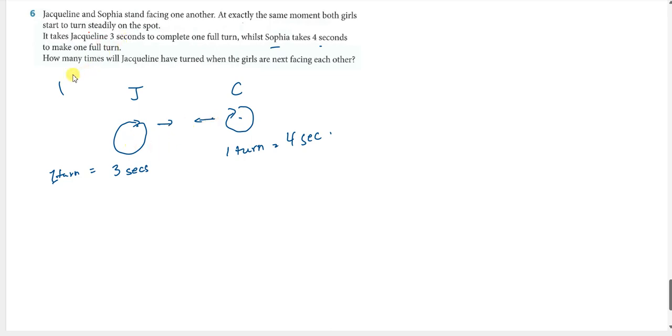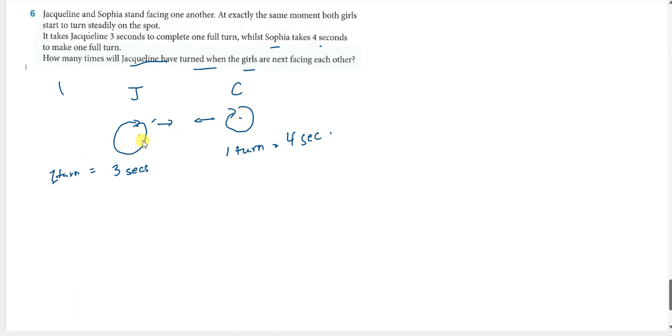It says how many times will J have turned when the girls are facing each other? That means J is spinning and S is also turning. It asks after how much time, or after how many spins, will these two girls come back to their initial position, face to face again.